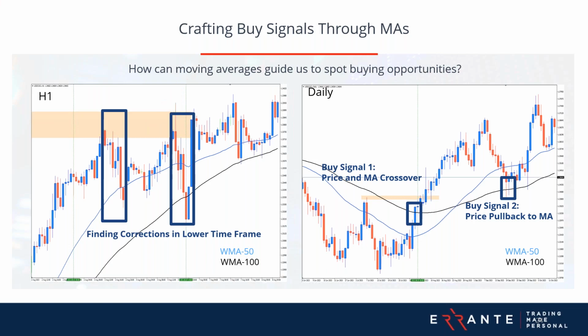Two primary signals can then be used to initiate a buy. The first signal emerges when the price crosses above an MA in our original time frame that we're going to trade, I mean the daily time frame.